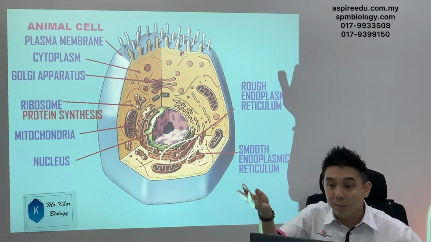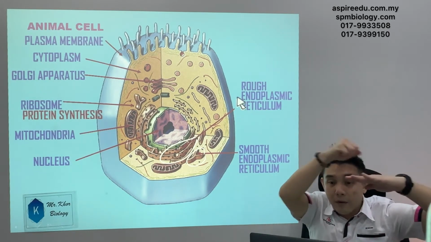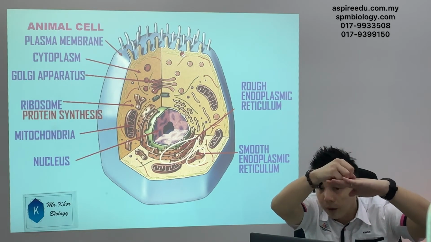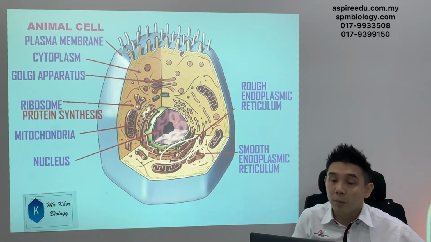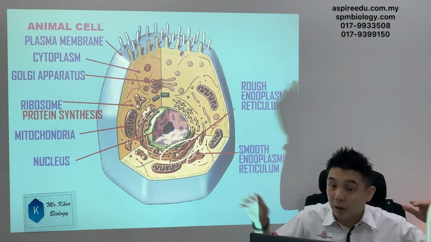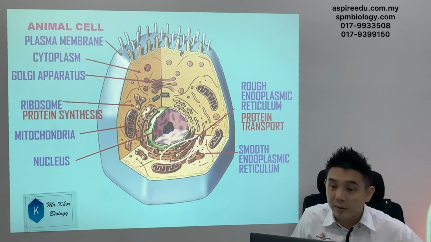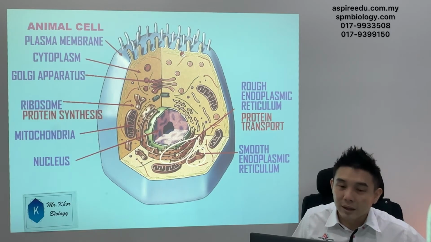Rough ER has ribosomes because after the ribosome produces the protein, rough endoplasmic reticulum will actually transport the protein. So, guys, we call this protein transport.